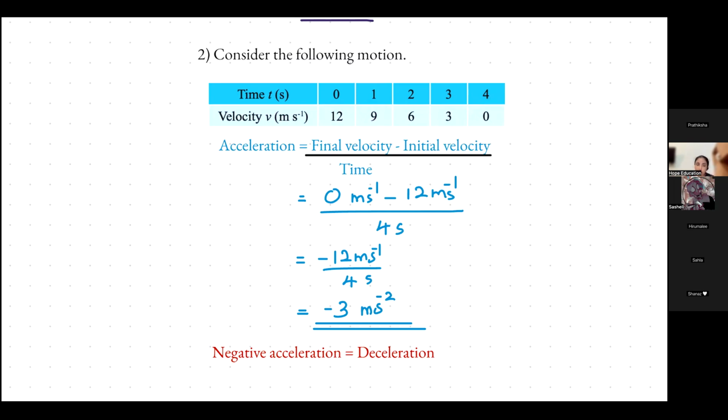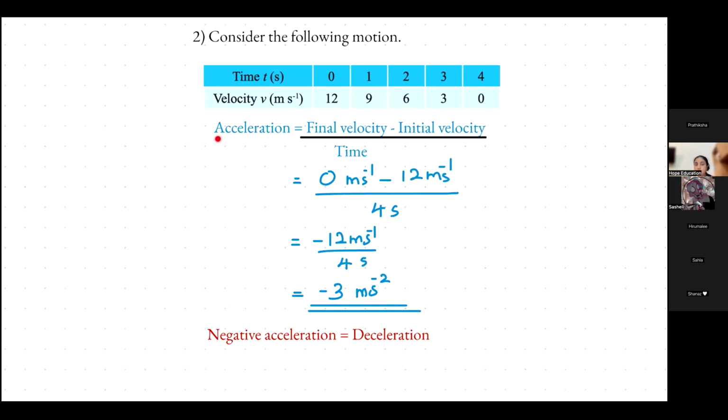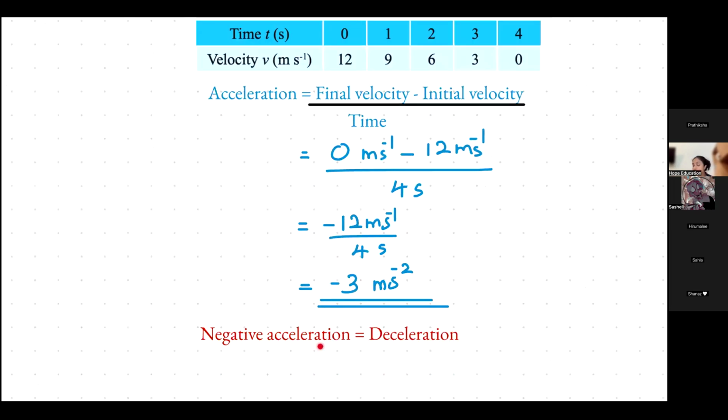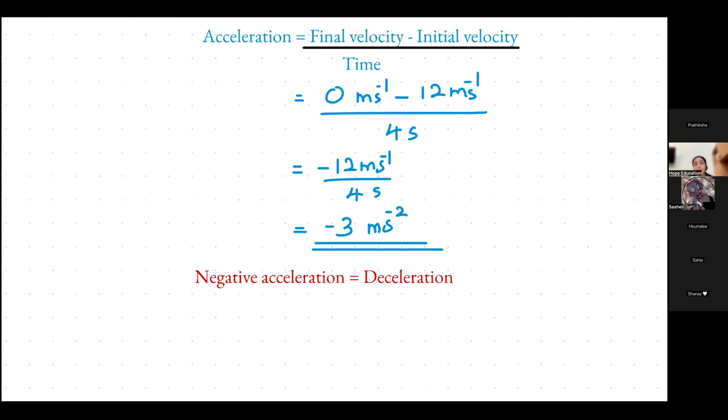Now here, we use the same equation as the acceleration equation, but we get a minus answer. So minus means negative acceleration. A negative acceleration is deceleration. So how do I write deceleration here?